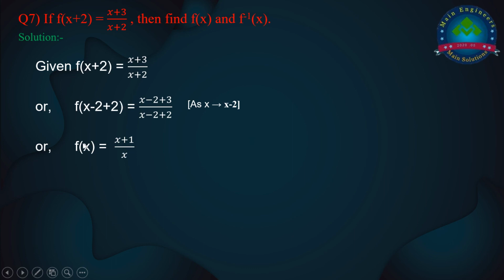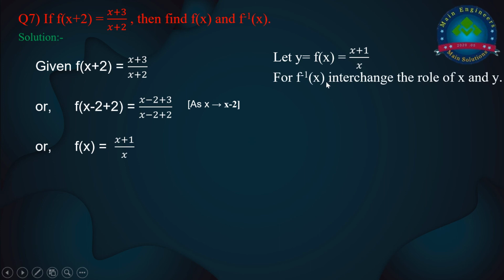Now we have to find the inverse of this function. So first step for the inverse of function, let y is equal to f(x) is equal to x plus 1 by x. Second is, for f inverse x, interchange the role of x and y. So x is equal to y plus 1 by y. So from here, third step is solve the value for y.